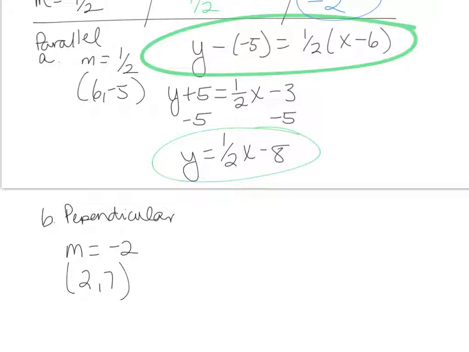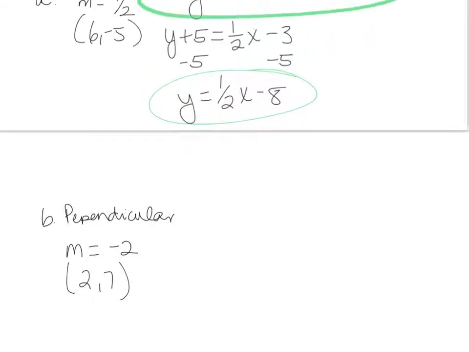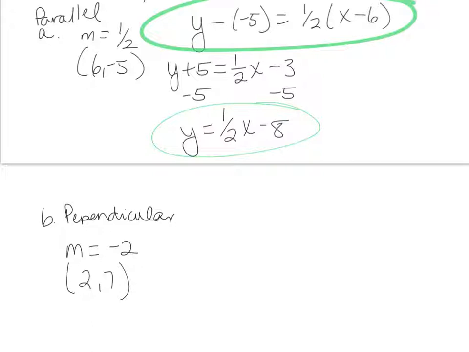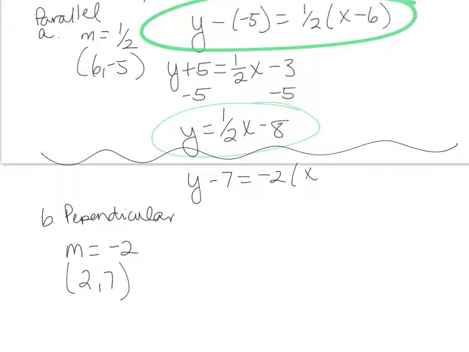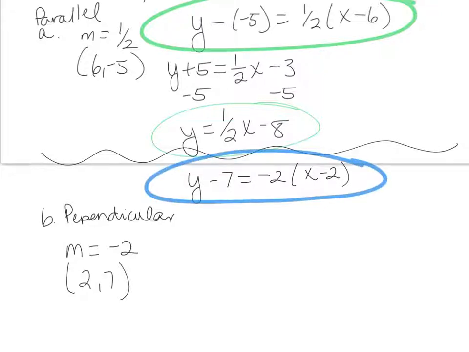So again, I've got enough information to write that equation. I'm going to go ahead and do that. So we've got y minus that y value of 7, equals my new slope for my perpendicular line times x minus 2. So again, this is the information in point slope form.